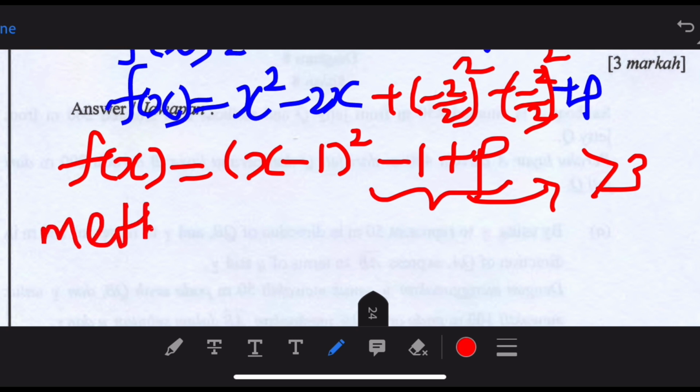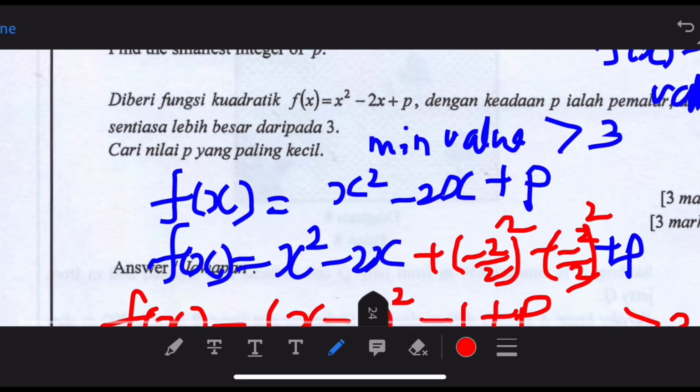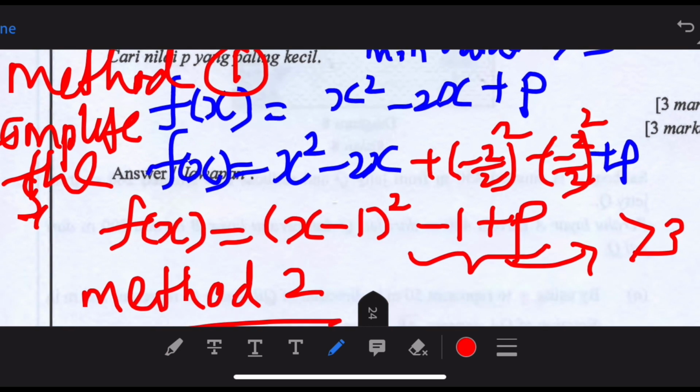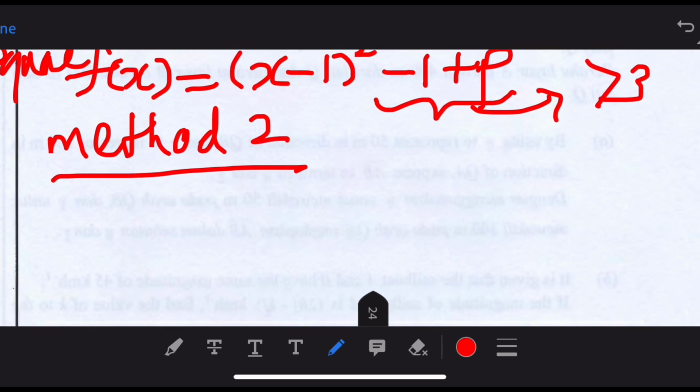Then you solve the value of p. So p is more than 3 plus 1, that means p is more than 4. So the lowest value of p should be 5.